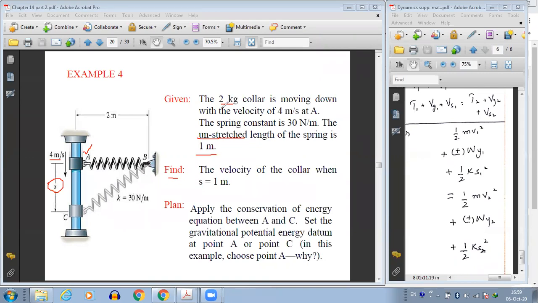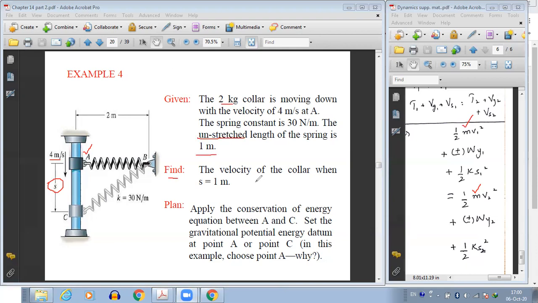We have a 2 kg collar, so the mass is given.